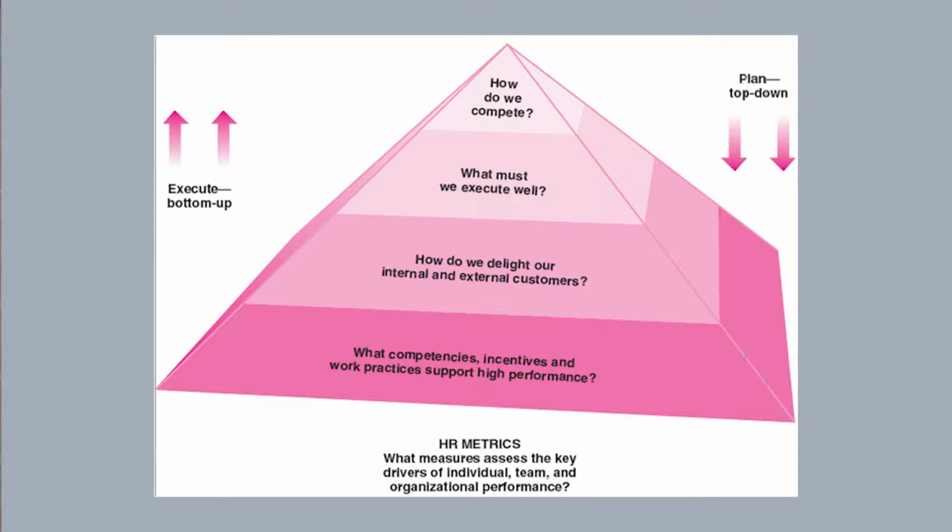The portion in dark green is thinking about what kind of practices we as managers can bring to bear in the organization that will help us achieve that high level of quality or customer service. So the human resource practices we'll talk about this semester certainly will help us achieve that.